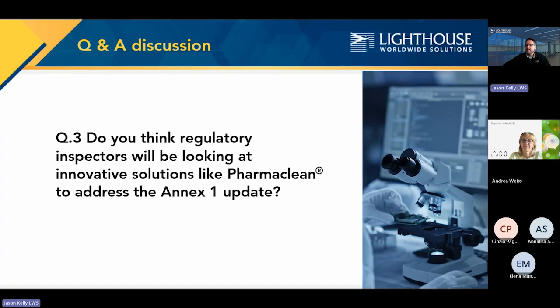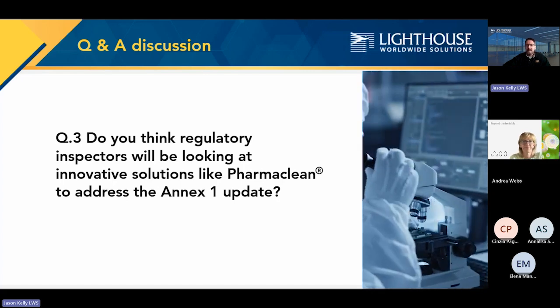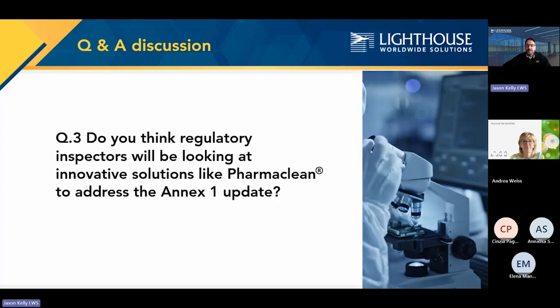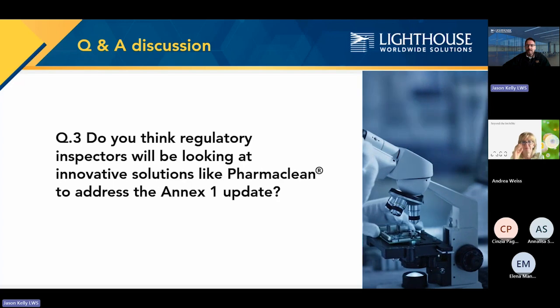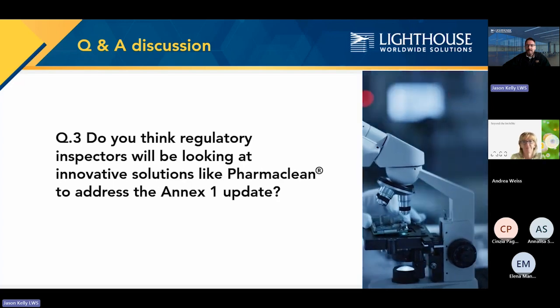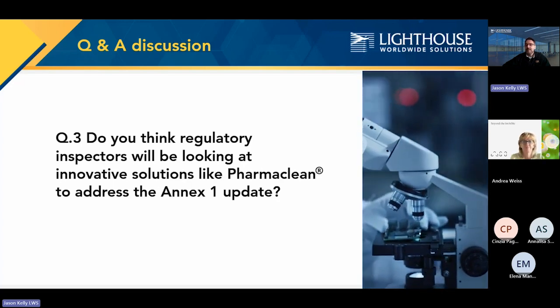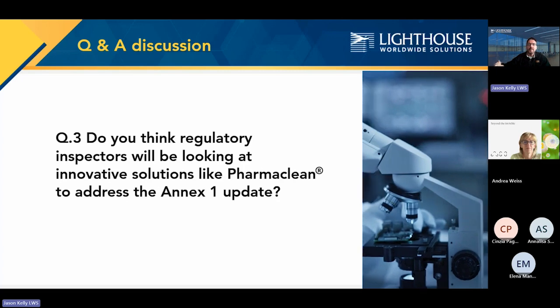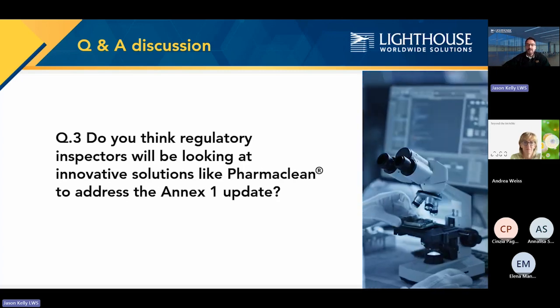I did mention that Elena mentioned in the introduction, empathy was one of their core values, and we definitely need more of that in the industry, because we're dealing with people that have compromised immune systems.